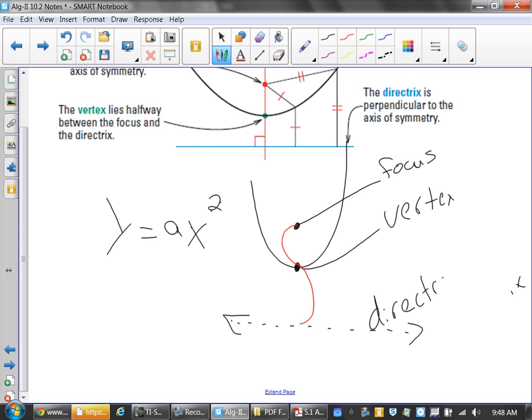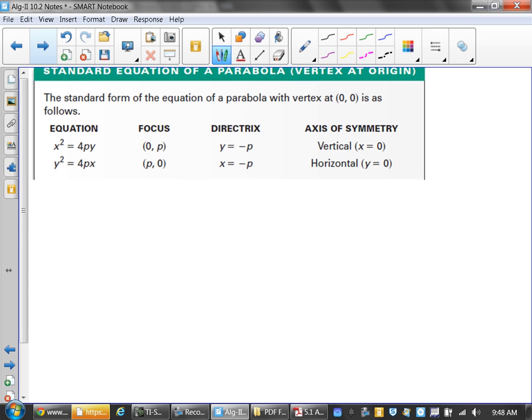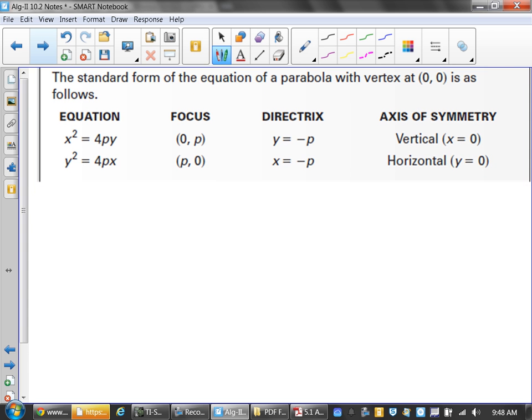All right, well, let's define where they come from. You have two basic ideas here. This is going to be important. Now, I don't like writing things horizontally. I like to do stuff like vertical math. We're going to get this x squared equals 4py, or we're going to have y squared equals 4px.